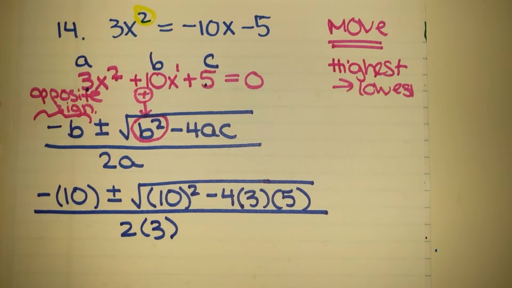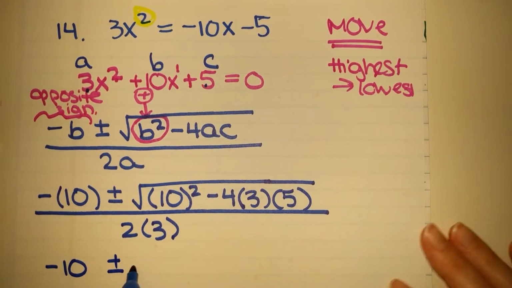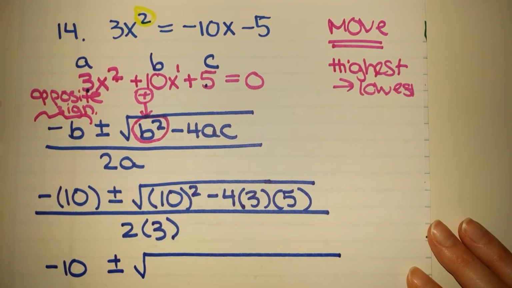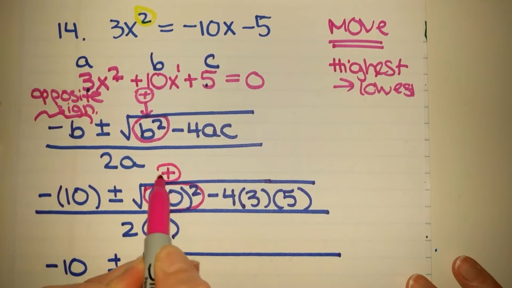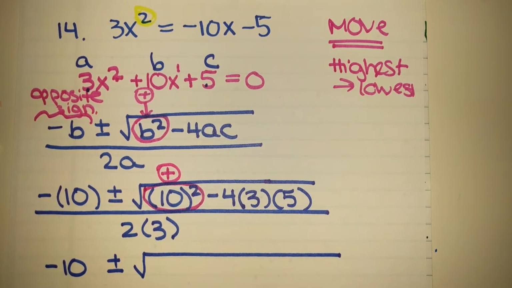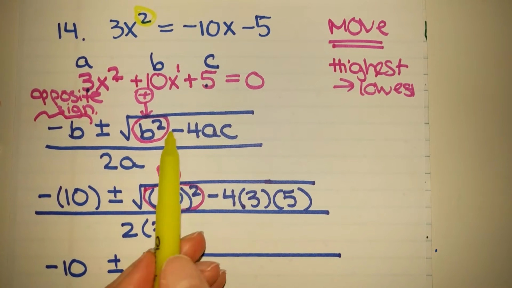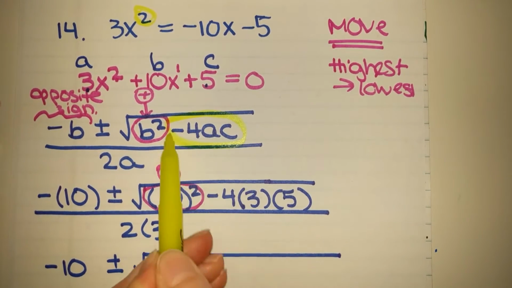So the negative 10 is just going to be negative 10, of course, plus or minus square root. Now, keep in mind, this b squared, it doesn't matter what's inside that parenthesis, the first number that you have inside that radical should come out as a positive. So this is going to be a positive 100. And then we need to be super careful about the sign of this negative 4ac.